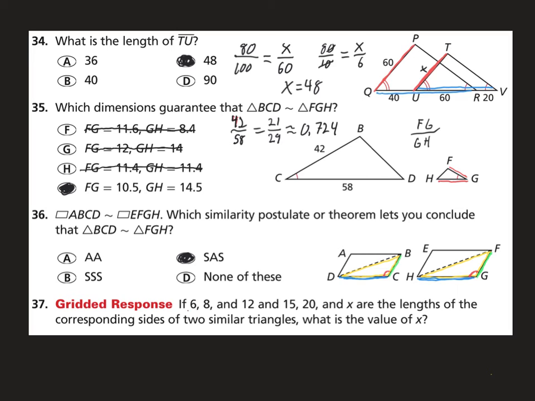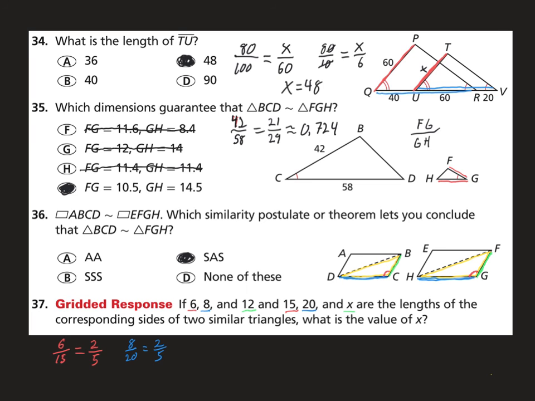All right, so for the ratios, I'm going to compare 6 to 15, then 8 to 20, then finally 12 with x. So 6 over 15, that will equal 2/5. 8 over 20, that also equals 2/5.